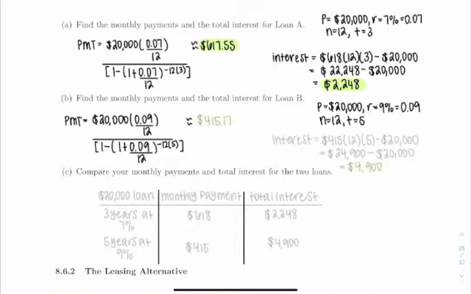And plugging that into our calculator, we get about $415.17.